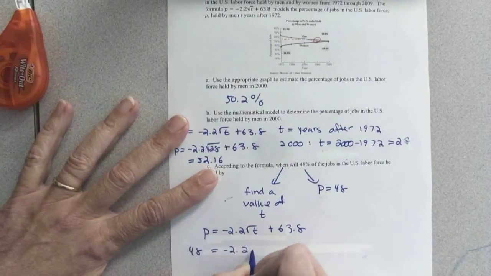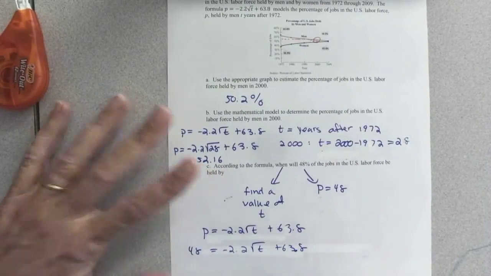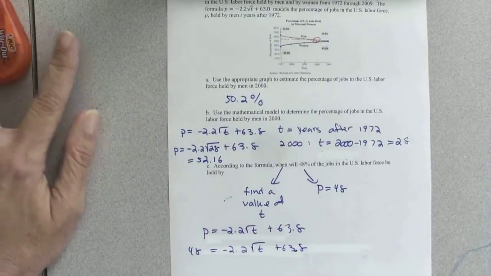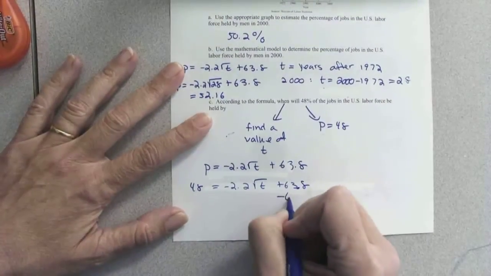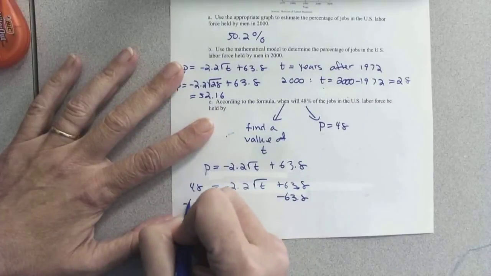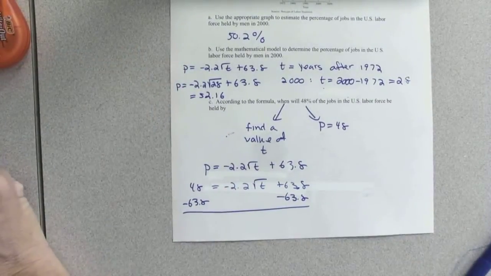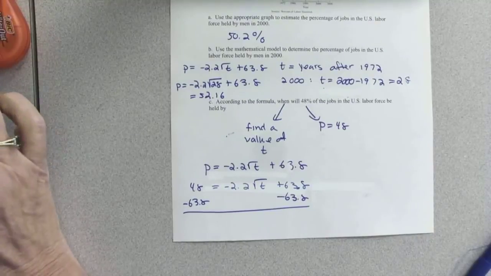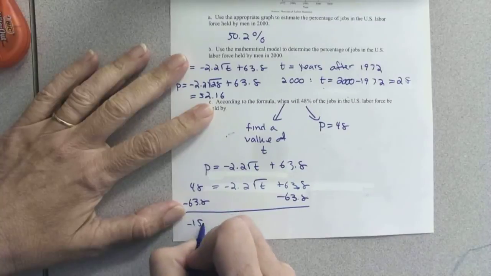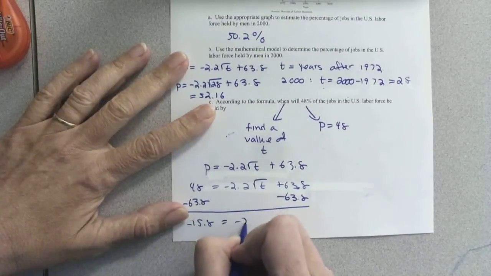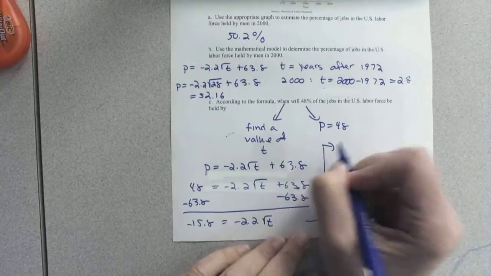48 equals negative 2.2 square root of t plus 63.8, and I just solve that. This is a square root equation, so I'm going to get the square root alone. 48 minus 63.8 gives me negative 15.8 equals negative 2.2 times the square root of t.